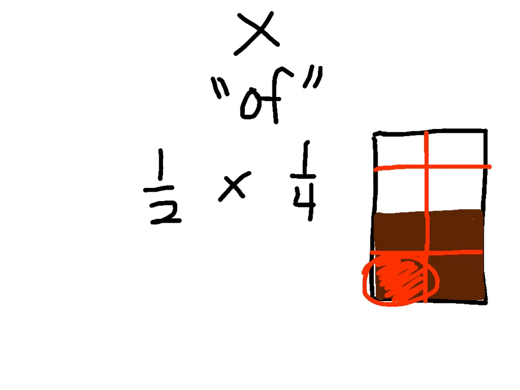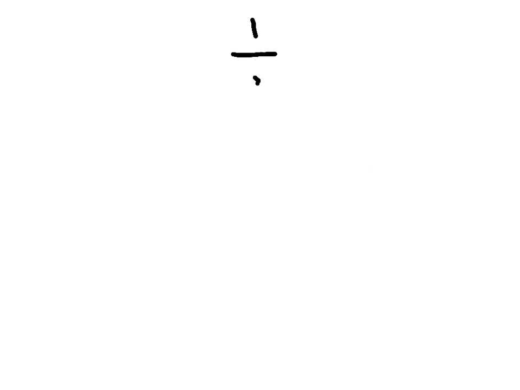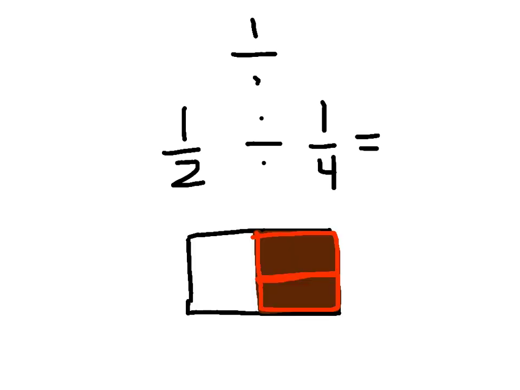Therefore, it's 1/8. Finally, when you're thinking about division, think about how many pieces I can subtract. In this equation, I'm thinking, how many quarter pieces can I subtract from a half piece? Inside every half piece are 2 quarter pieces.